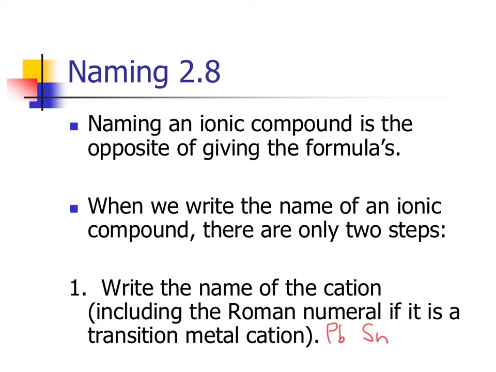So being able to identify the cation, and sometimes more specifically whether it is a transition metal. If it's a transition metal, it has to have the Roman numerals associated with it, to make sure that we know, and we're also telling others, what charge that cation has.